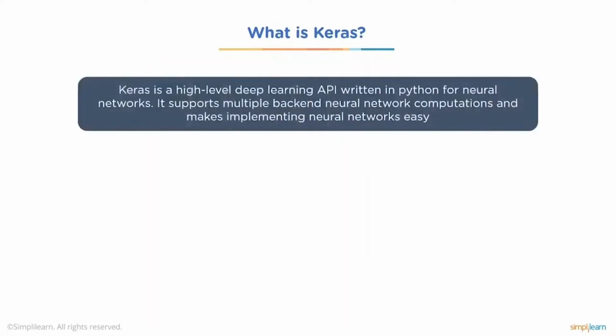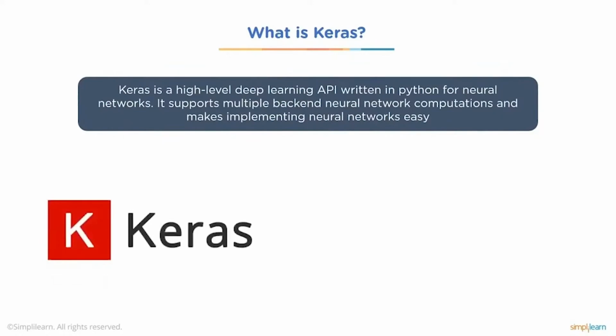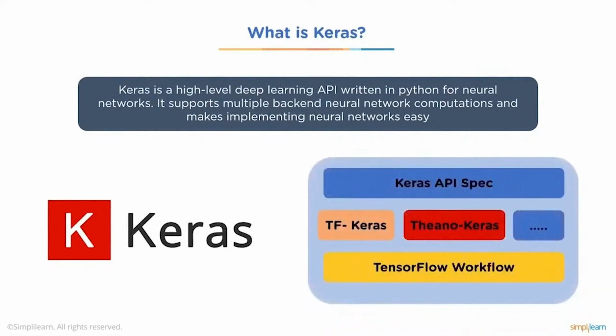But what does Keras have to do with all of this? Keras is nothing more than a high-level deep learning API which is written in Python for neural networks. It has multiple backend neural network computations and it makes implementing neural networks easy. As we know, Keras is a powerful and easy-to-use free open-source Python library for developing and evaluating deep learning models. Keras is a high-level API of TensorFlow 2, an approachable, highly productive interface for solving machine learning problems with a focus on modern deep learning.